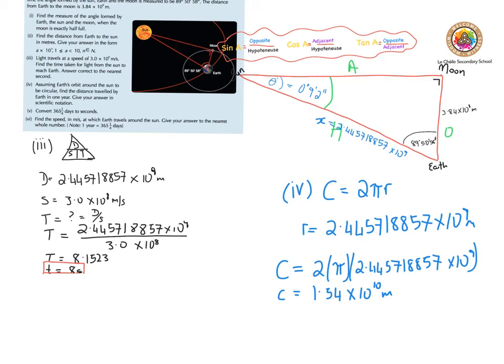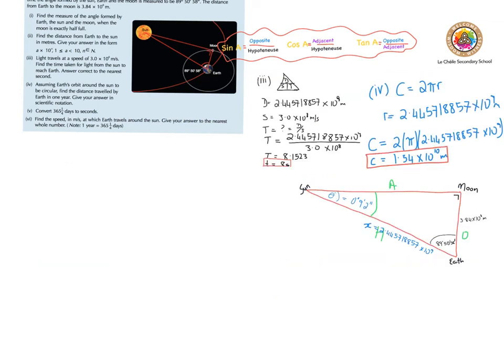Okay, next then. Okay, so here in part 5 then we're asked to convert 365 days to seconds. So here we'll say part 5. I have 365.25 and we have to convert that into seconds. So I know I'm going to multiply that first of all by 24 hours.